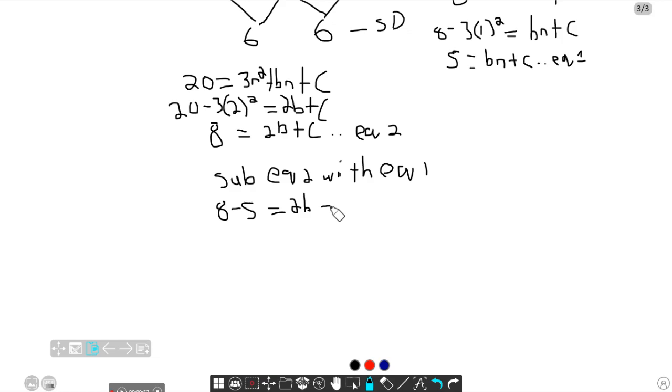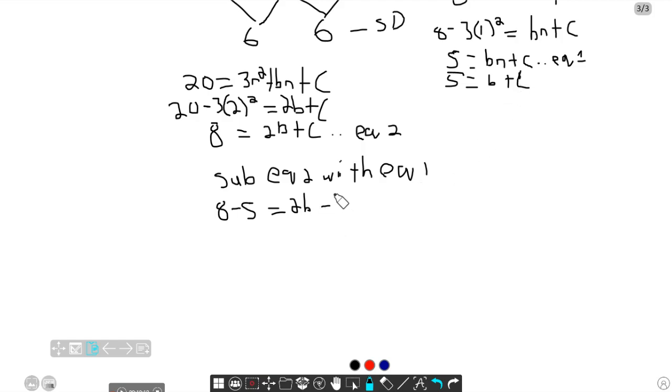Oh, sorry, I forgot something here. Here it was supposed to be 5 equals, because n represents our position, b times 1, it was supposed to be b, then plus c.